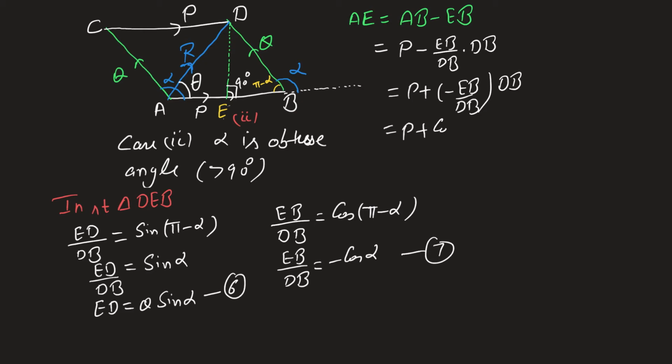So this will be cos alpha, and DB, what is DB? DB is Q. So this will be P plus Q cos alpha. So AE is this one.